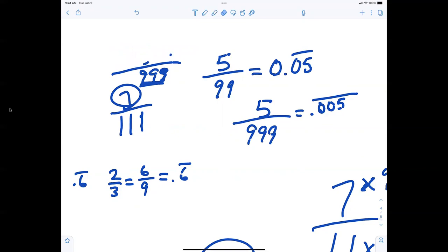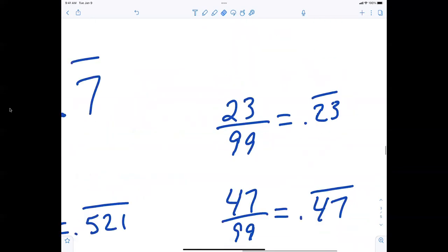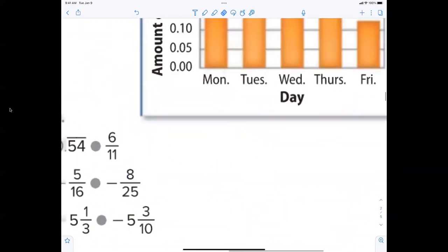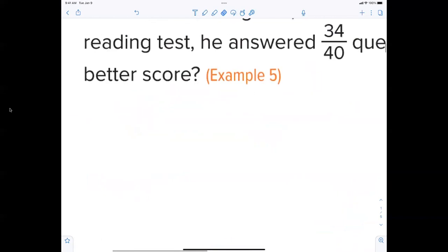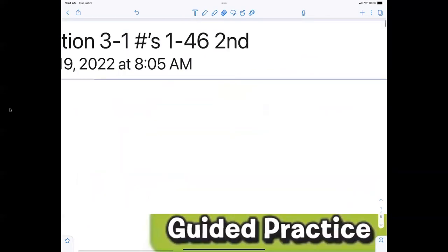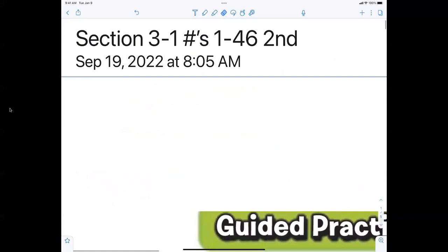All right, so now at the top of your paper, here's what I want you to write down. I'm going to see how good of a job I did today. Section 3-1. Your homework is 1 through what? 1 through 46, but I'm just kidding. Just write that down.